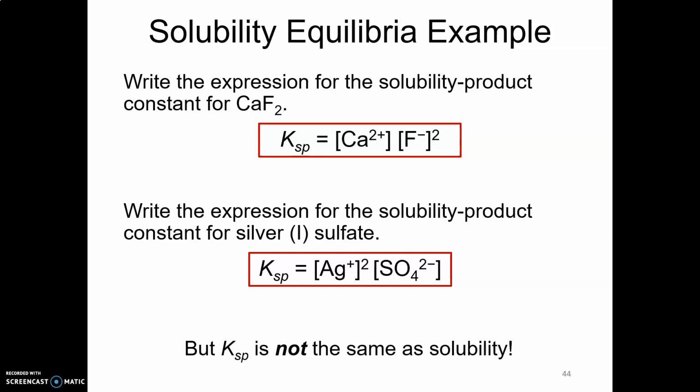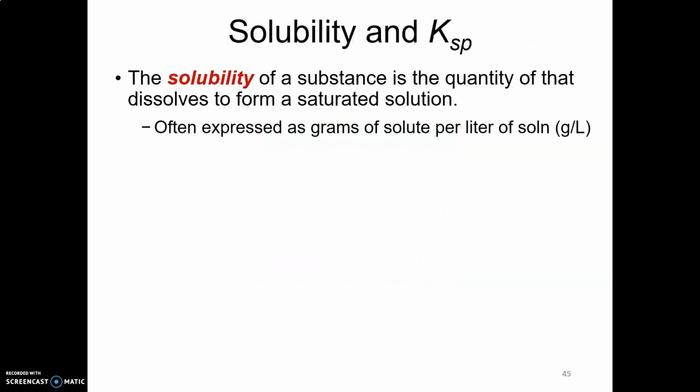But remember, KSP is the solubility product constant. That is not the same thing as solubility, because solubility is the amount of something that's going to dissolve to form a saturated solution.